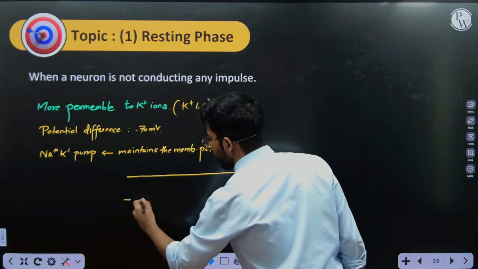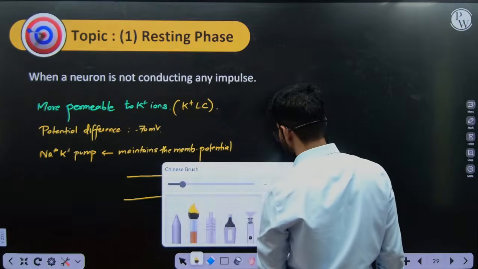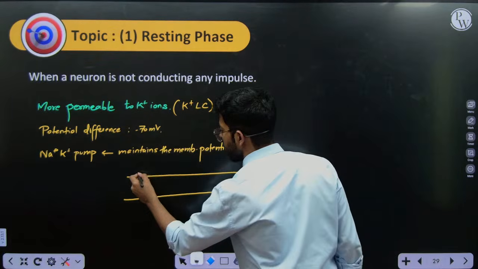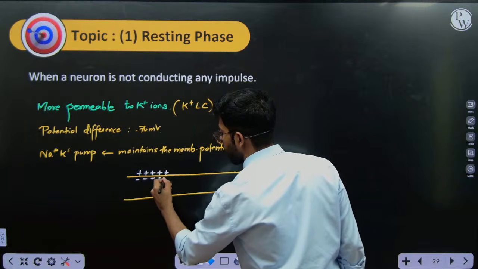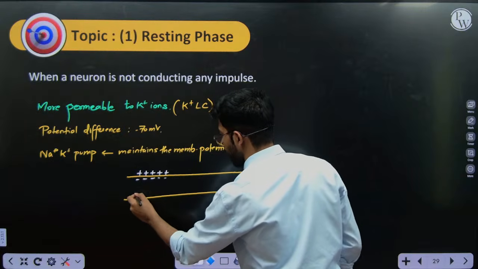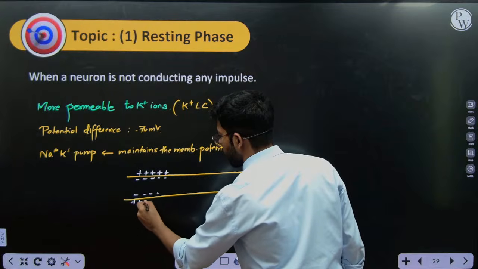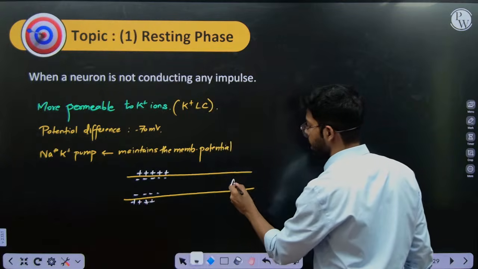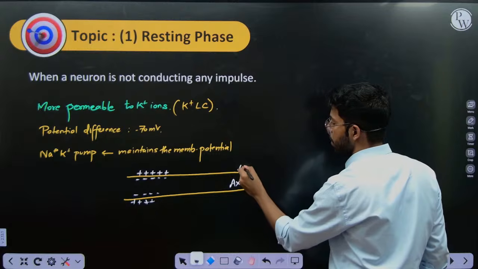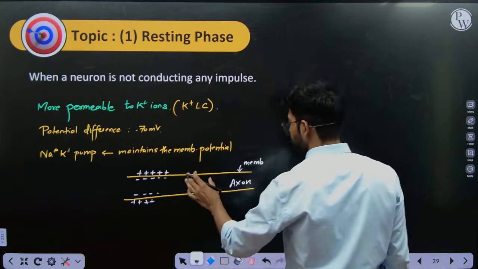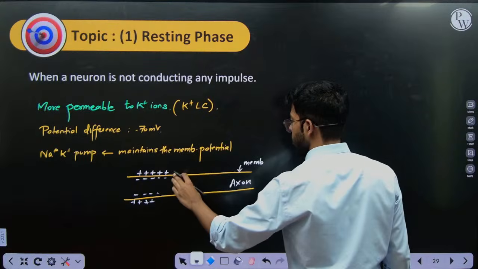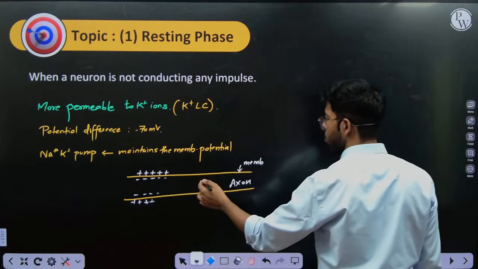The plasma membrane of this axon is in this phase. This is the axon, this is the membrane, and this is the cytoplasm of this axon. Inside this there is a fluid, that is cytosol or cytoplasm.